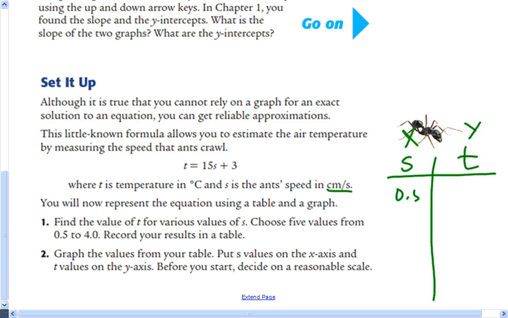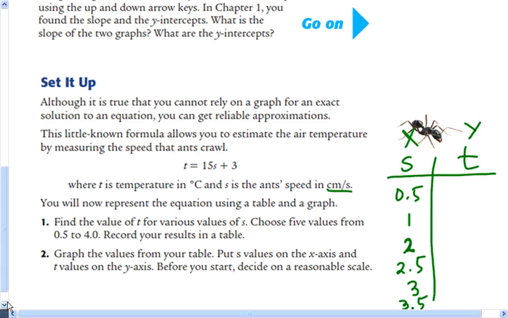So it says use values from 0.5 to 4.0, and they could be anything. It could be like halves, quarters, whatever you want, but don't go any higher than 4. And I think that's because ants really never run any faster than that. 0.5, 3, 3.5.